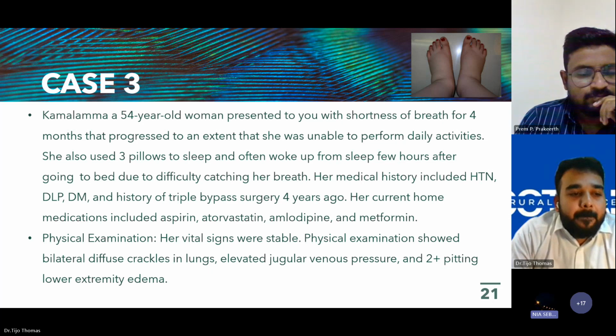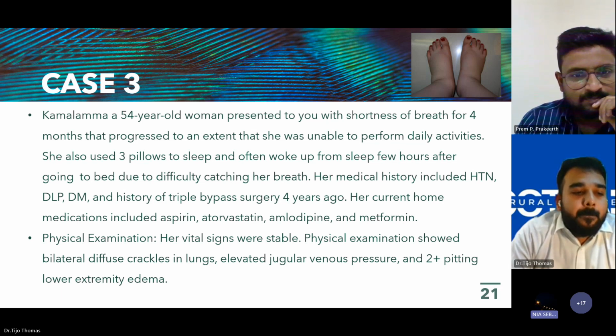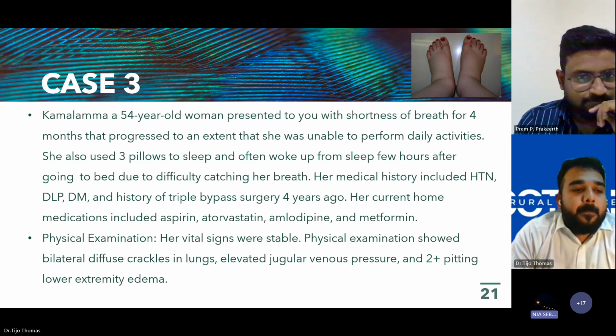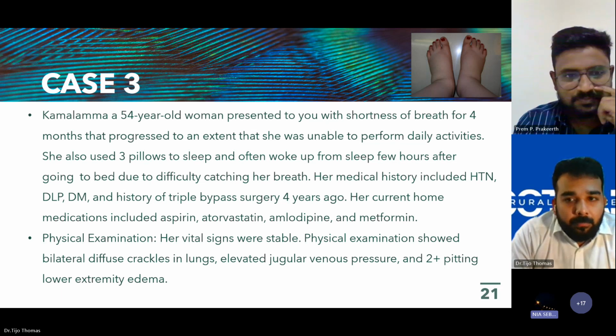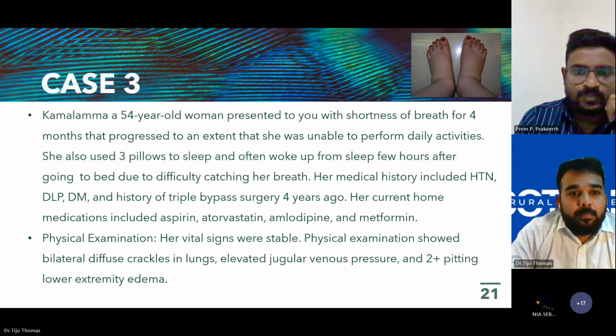Her current home medications included aspirin, atorvastatin, amlodipine, and metformin. On physical examination, her vital signs were stable. Physical examination showed bilateral diffuse crackles in the lungs, elevated jugular venous pressure, and grade 2 plus pitting lower extremity edema.